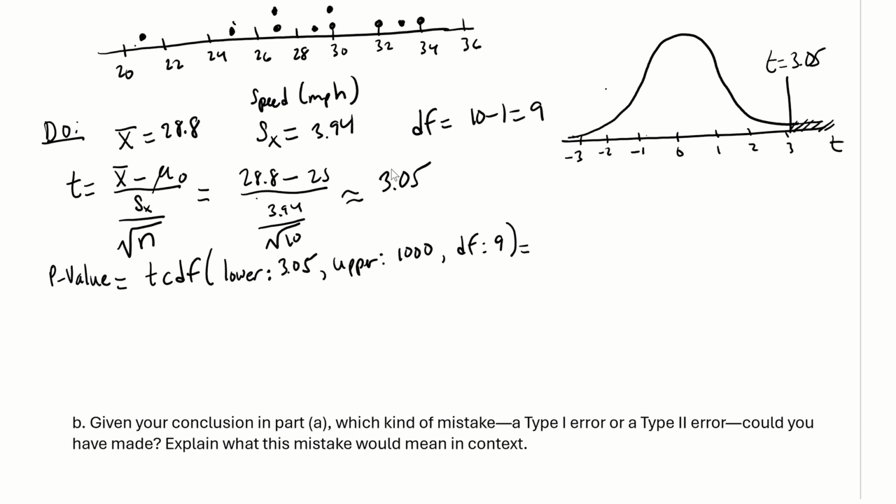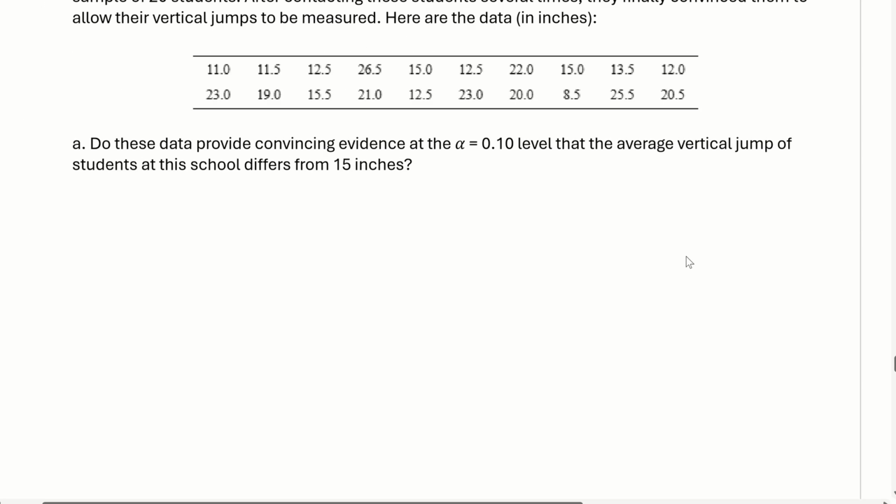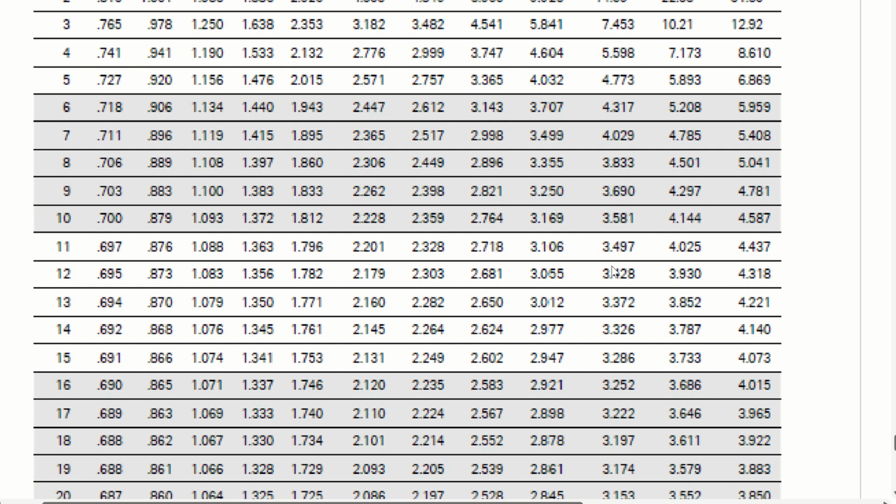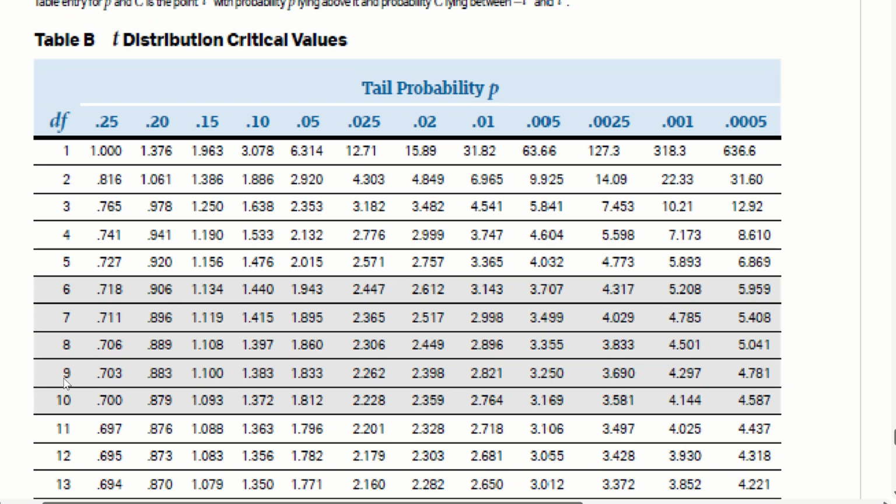So if you have 9 degrees of freedom, t is 3.05. Let's go to the table. You got 9 degrees of freedom, and we got t is 3.05.